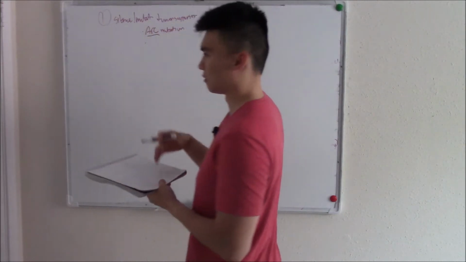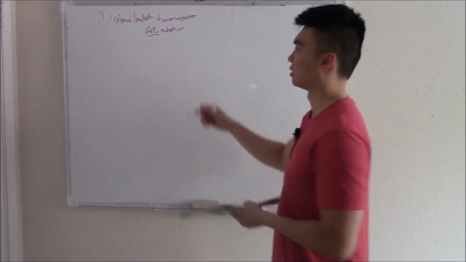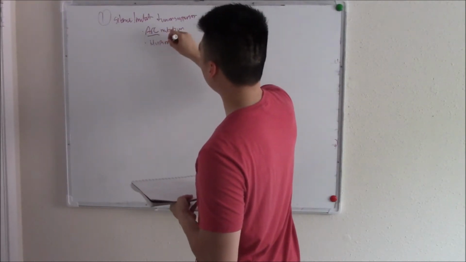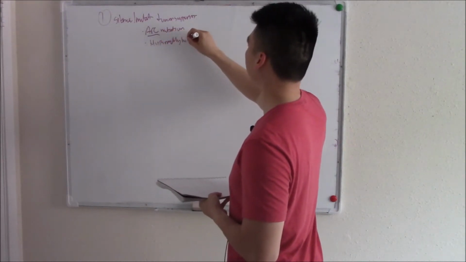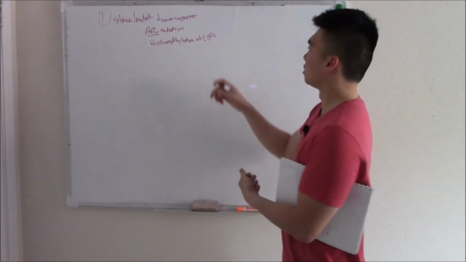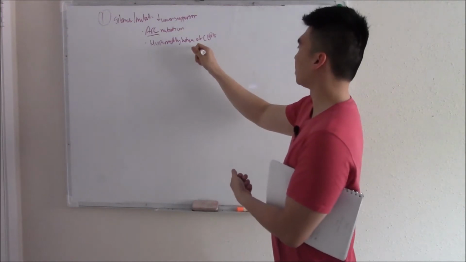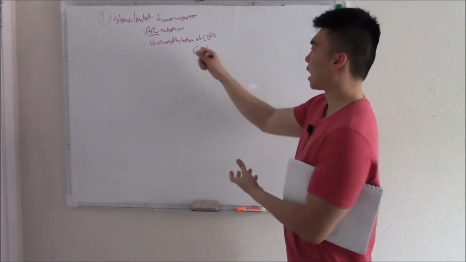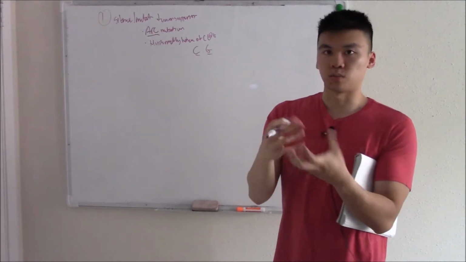You can have something really, really cool sounding called hypermethylation of CpG. What does that mean? In your DNA, you have these islands of cytosine and guanine, your nucleotides, and these islands are usually clustered around your promoter.